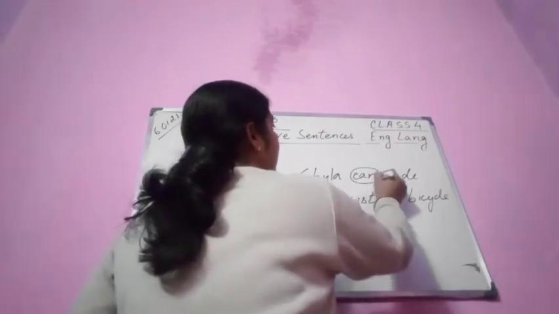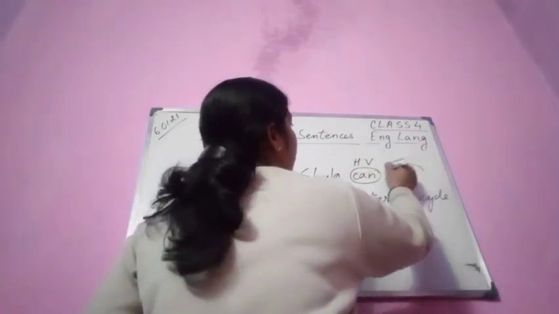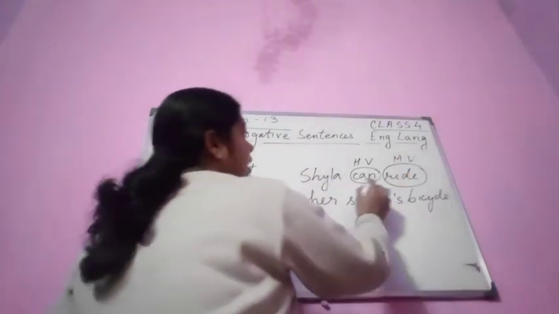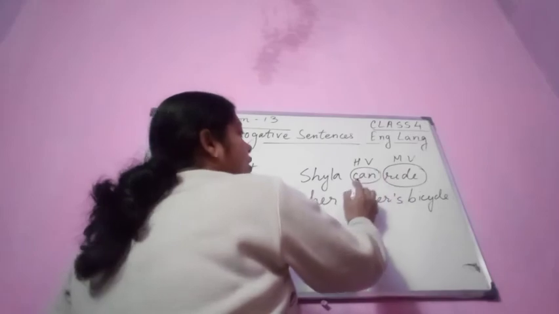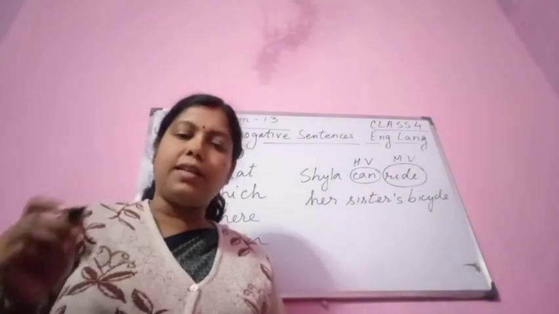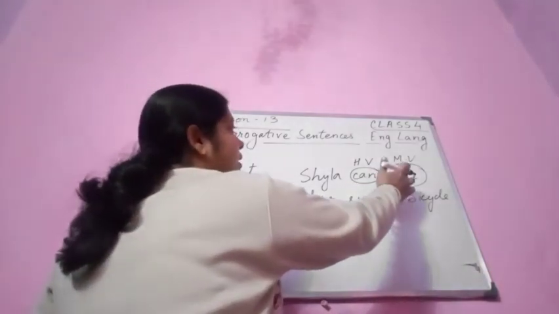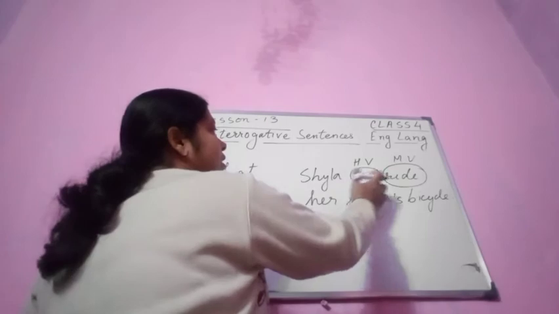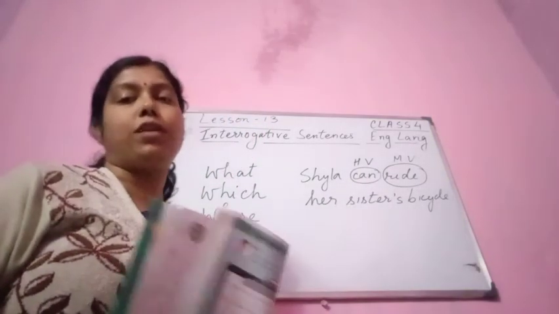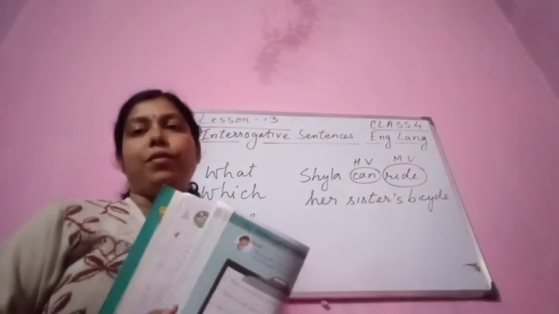Can is the helping verb here, and ride is the main verb. You see, the helping verb is always before the main verb, or it stands in front of the main verb. Ride is the main verb here. The helping verb stands before the main verb. These things you have to keep in mind. This way you can identify a helping verb.